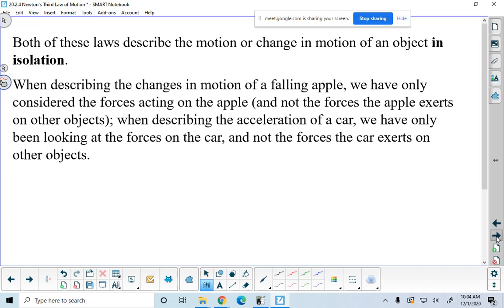Newton's third law of motion talks about something we kind of ignore most of the time. When we talk about Newton's first and second law of motion, we always talk about the object in what we call isolation.